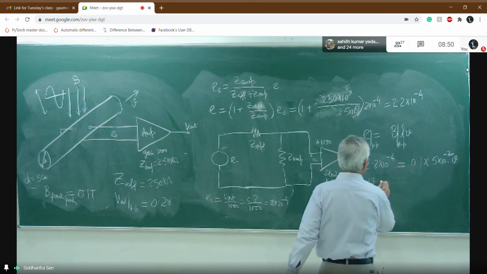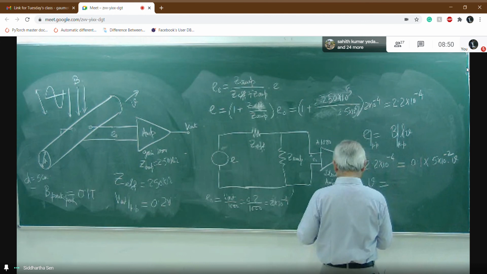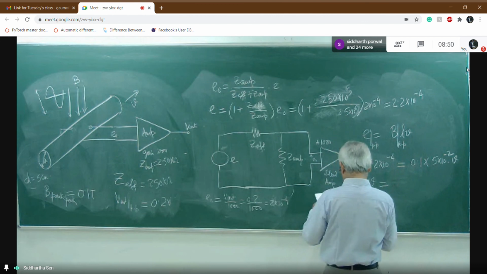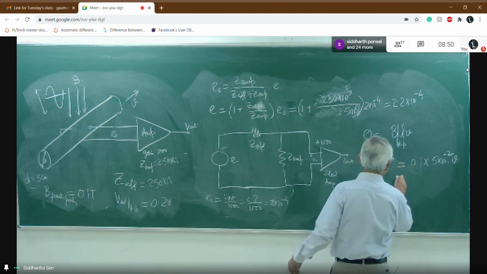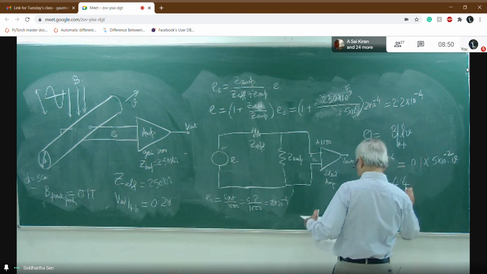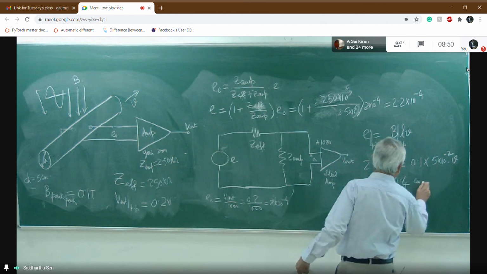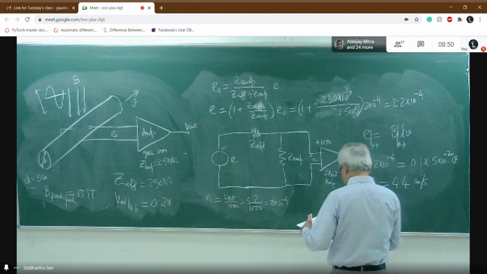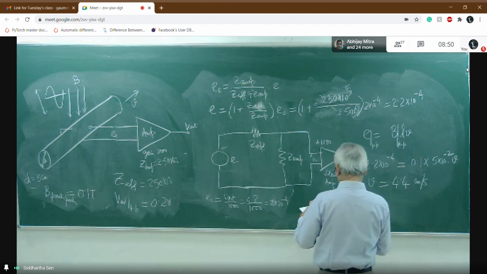So if you do the calculation, what is coming? According to my calculation, it is 4.4 centimeter per second. You check it like this.